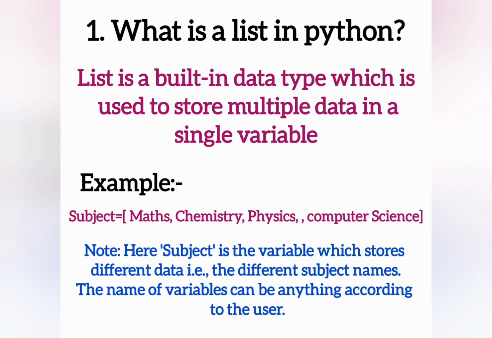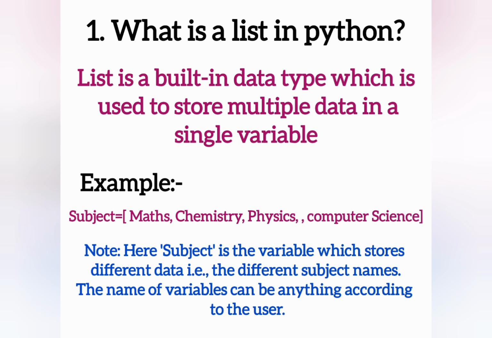The first thing we are going to discuss in this video is what is a list in Python. A list is basically a built-in data type which is used to store multiple data in a single variable. The thing we have to keep in mind is the format in which these built-in data types store the data. Here I have taken the first example.